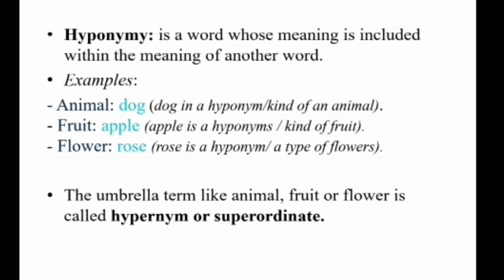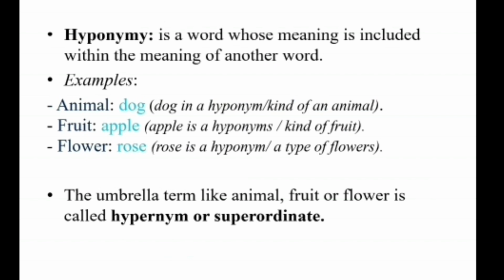Or rose is a hyponym of flower. Flower is more general and more comprehensive. Other examples could be color, and then we have red or blue or green. So these are hyponyms or co-hyponyms of the word color.